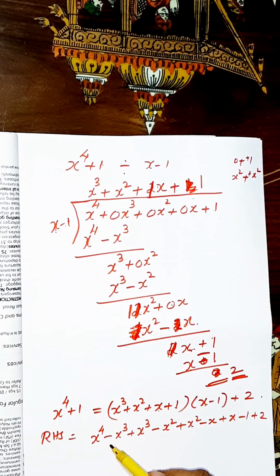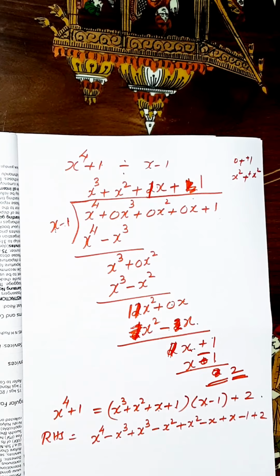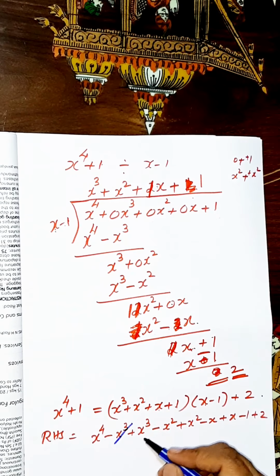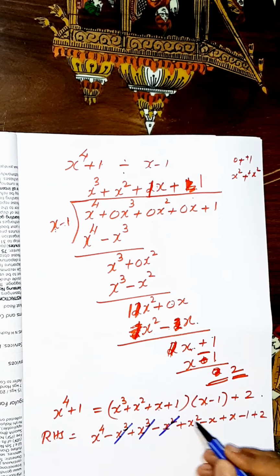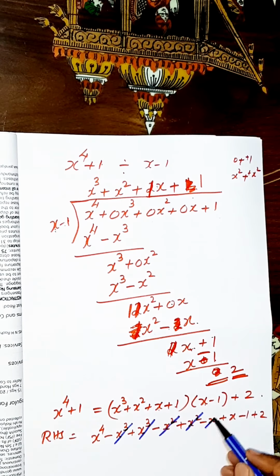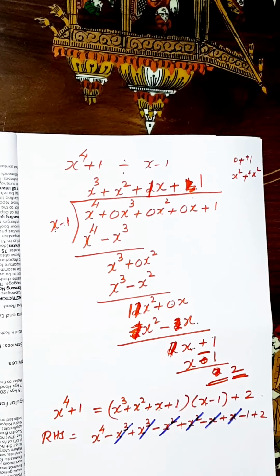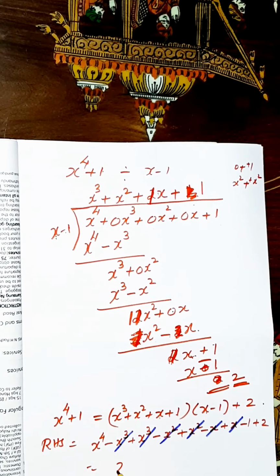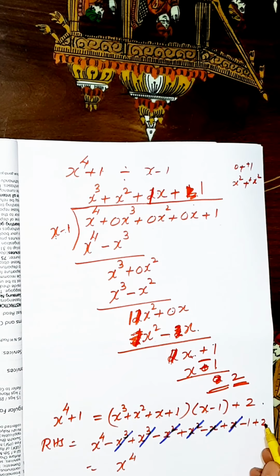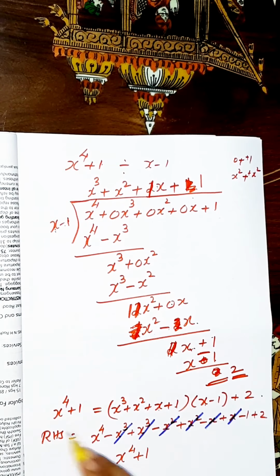So everything gets cancelled, these terms get cancelled, and you are left with x to the power of 4 minus 1 plus 2, which becomes x to the power of 4 plus 1. So that is equal to LHS, hence verified.